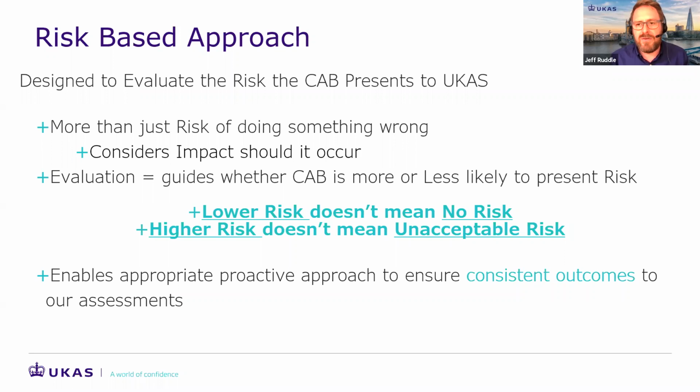How directly related is the work that people are doing to things such as human health, personal liberty, things along those lines. What's the direct impact of something going wrong within the CAB and the work that they're accredited for. So the evaluation that we perform, and I'll go into that in a little more detail shortly, helps our teams get some consistent guidance about whether a CAB is more or less likely to present risk. But there are some important things to say.